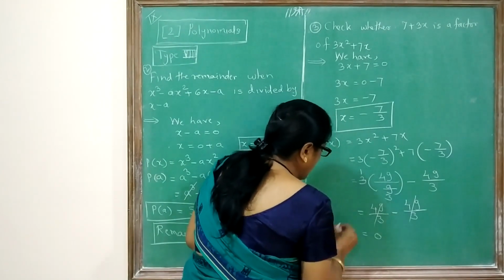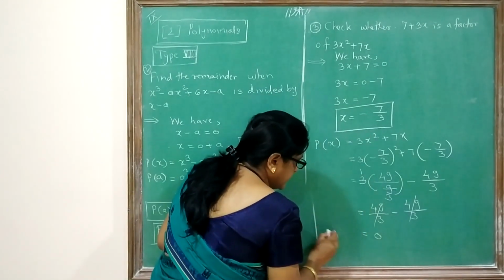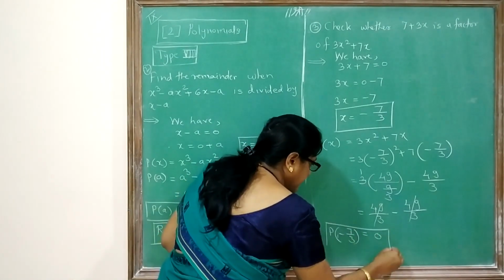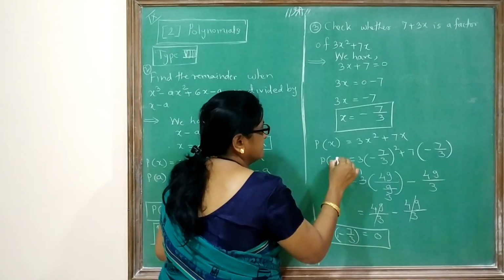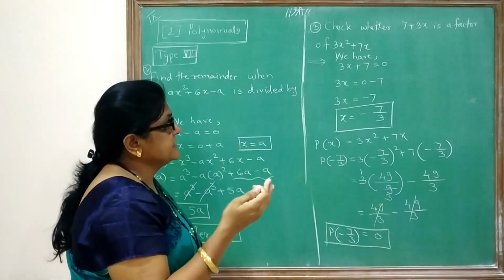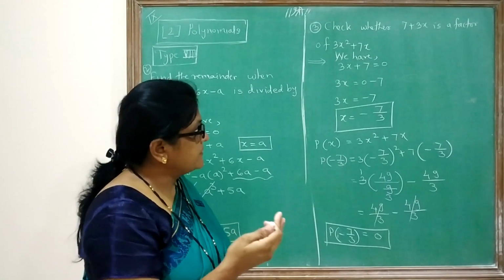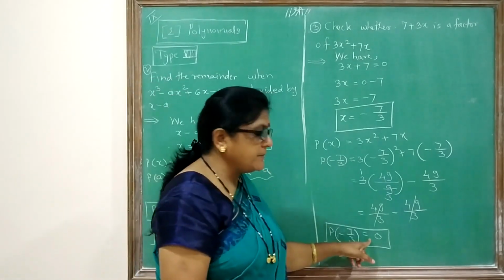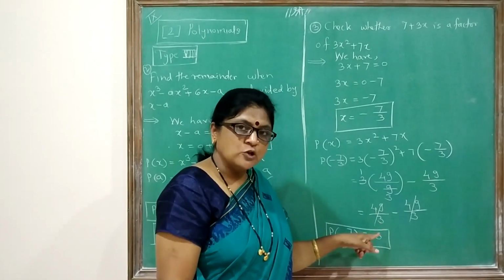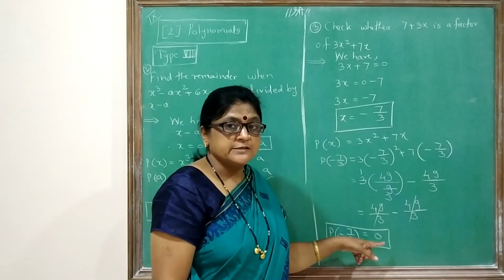Means p of minus 7 by 3 is 0, which means 7 plus 3x is a factor of 3x square plus 7x. If your remainder is 0, then you will write it is a factor. If your remainder is not 0, then you will write it is not a factor.